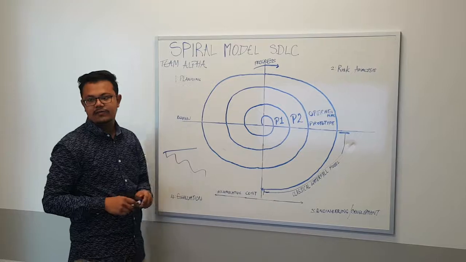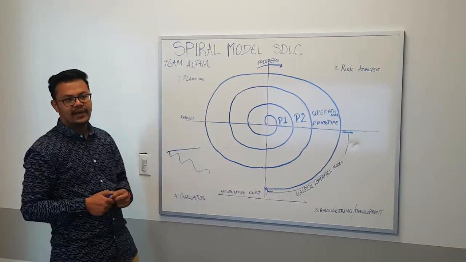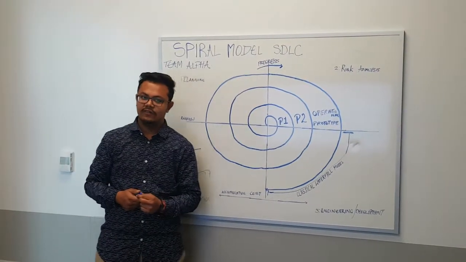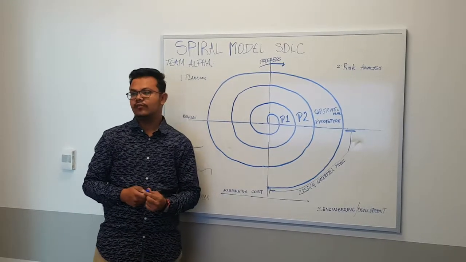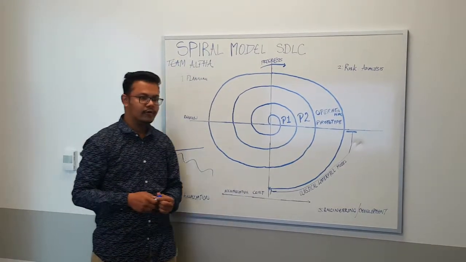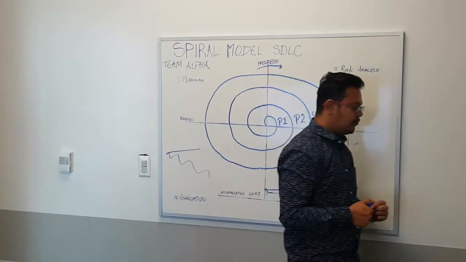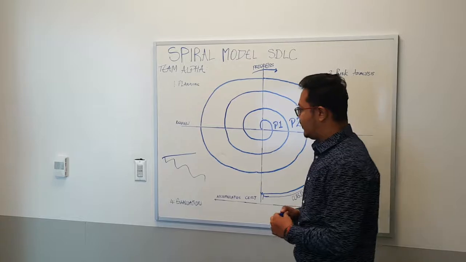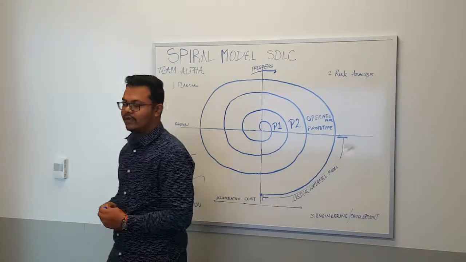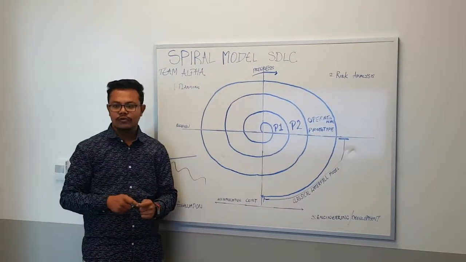In the risk analysis phase, we look at risk-related activities such as risk identification, risk prioritization and risk mitigation. This is the phase when we build a prototype, and we use that prototype to deal with the risk. So basically we mitigate the risk by building software that helps us overcome those risks.